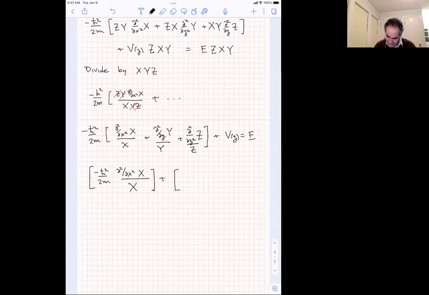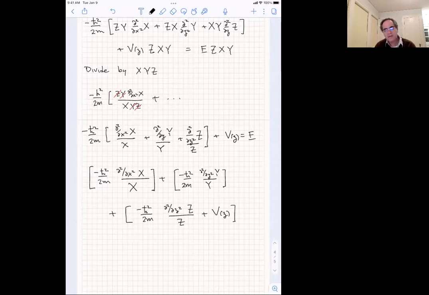The second term are terms that only vary with y. The third term looks like that.